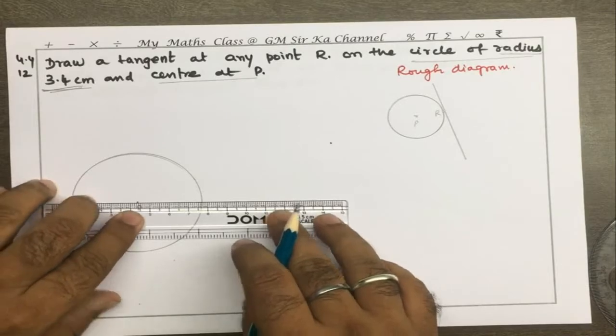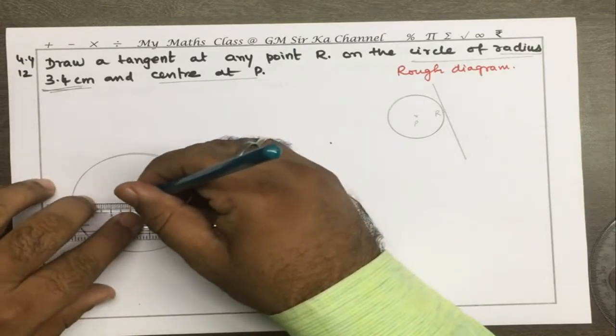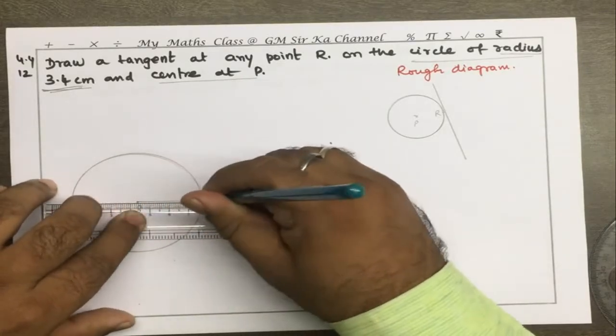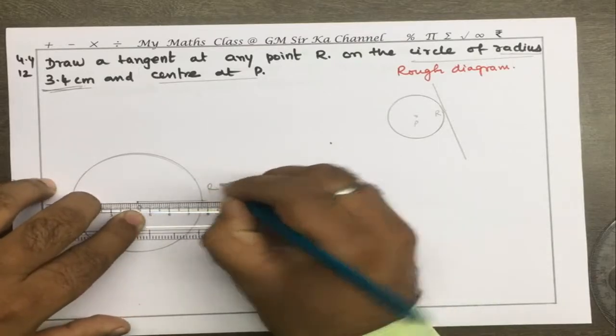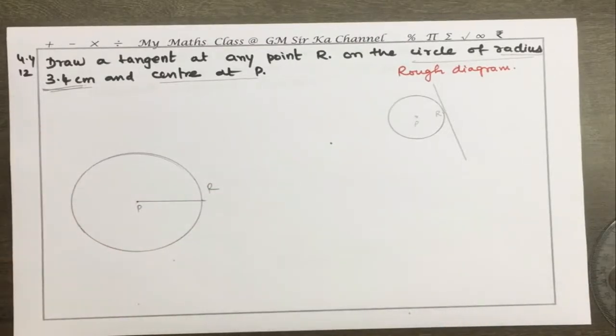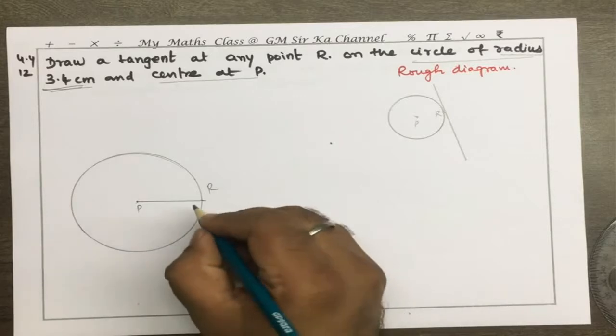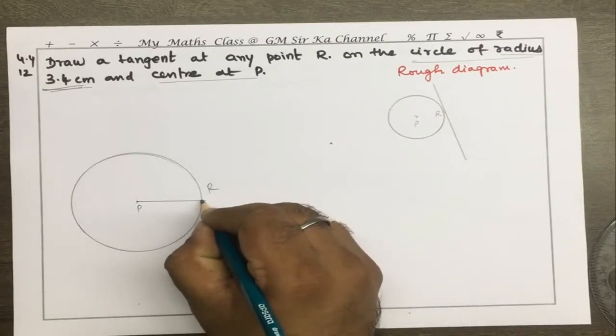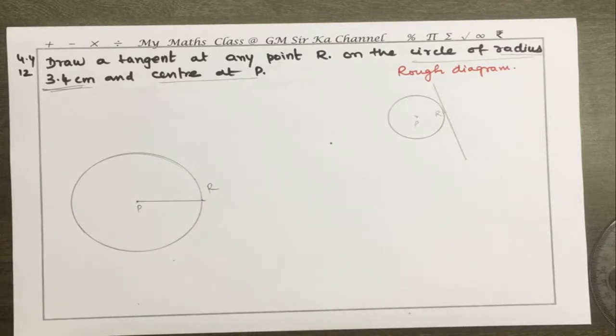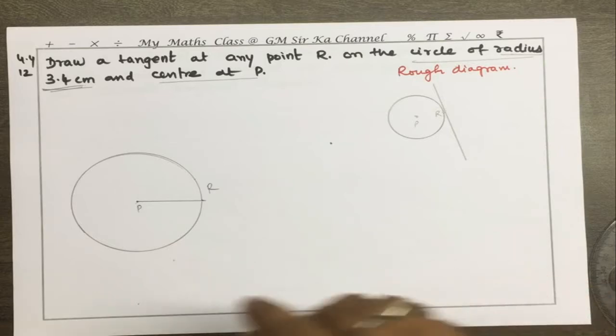Like this we draw the radius from the point P to the point R. Now on R we have to draw the tangent. So any point taken on the circle is R.